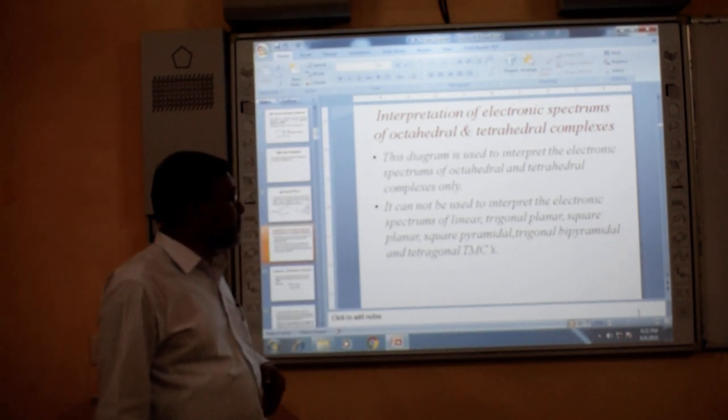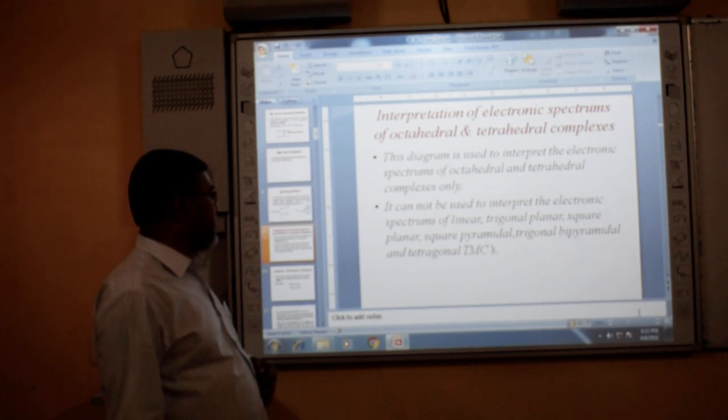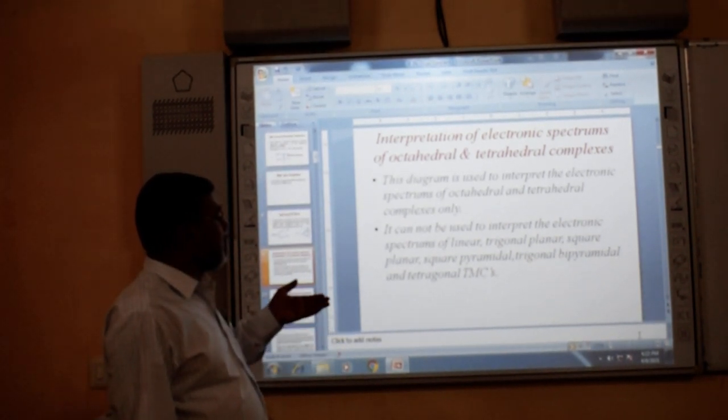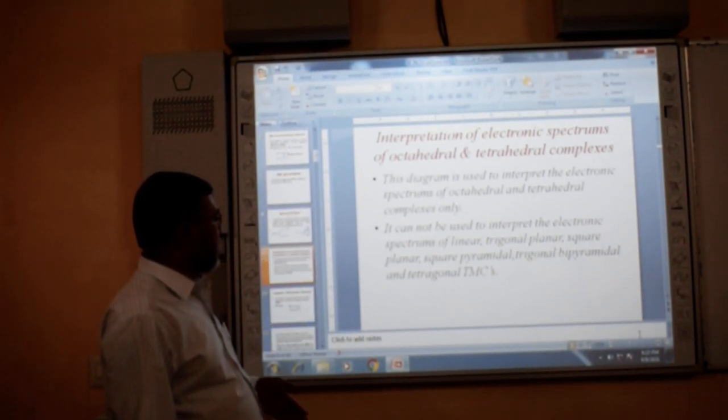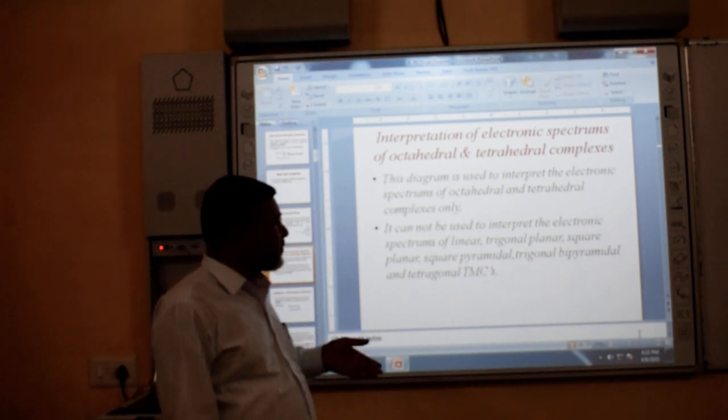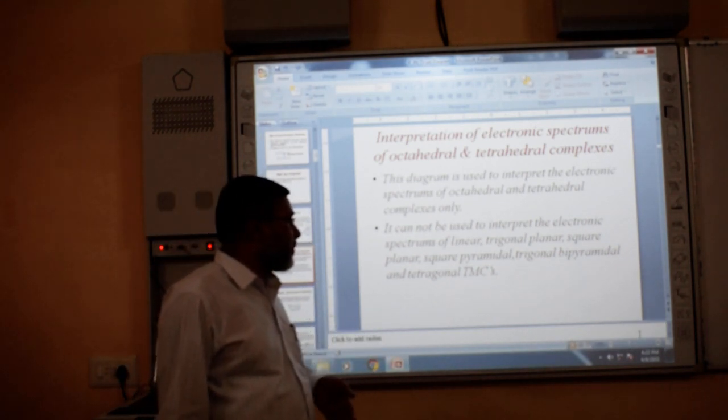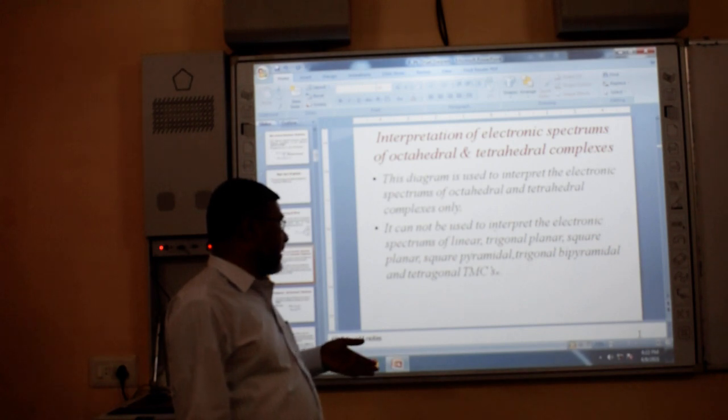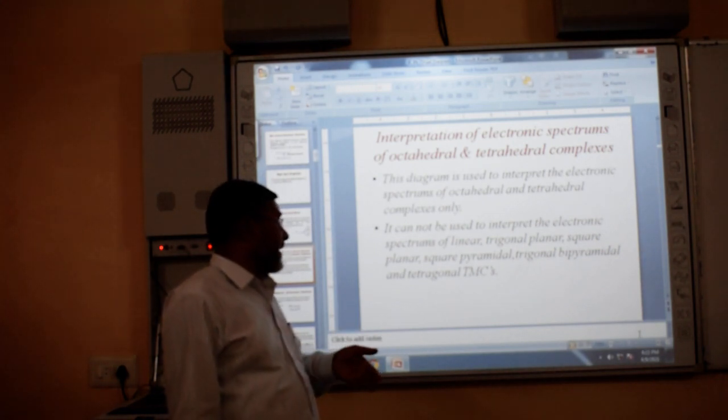It cannot be used to interpret the electronic spectrum of linear, trigonal planar, square planar, square pyramidal, trigonal bipyramidal and tetragonal complexes.